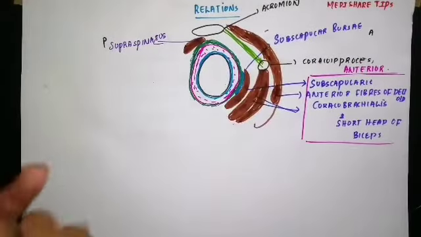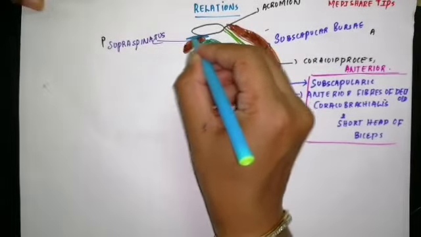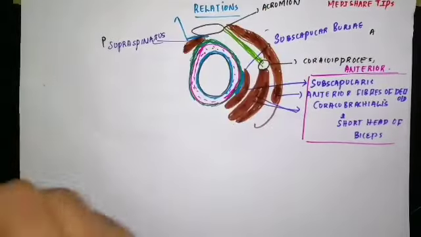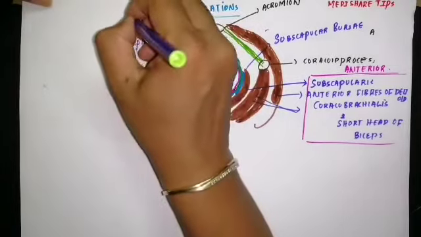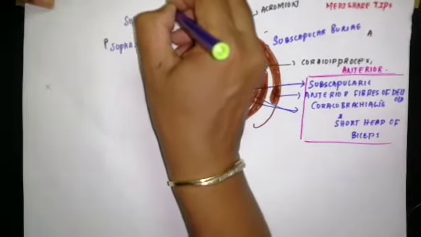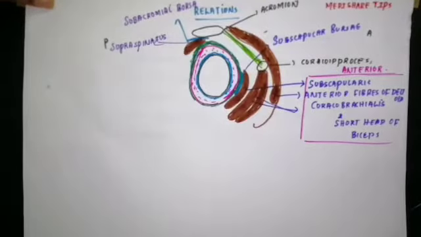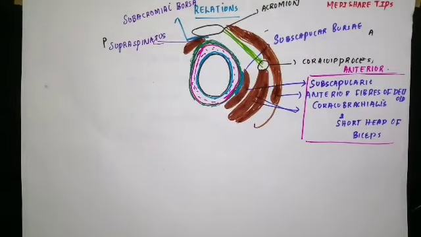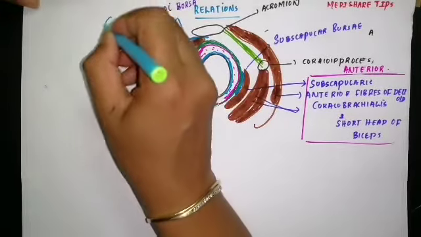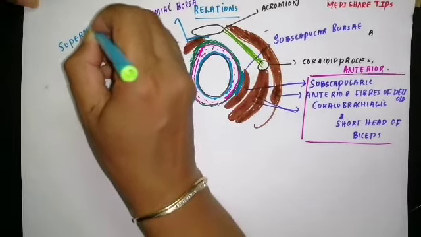And there is a bursa here below the acromion. The bursa is known as the subacromial bursa. So this will form the superior relation of the joint.